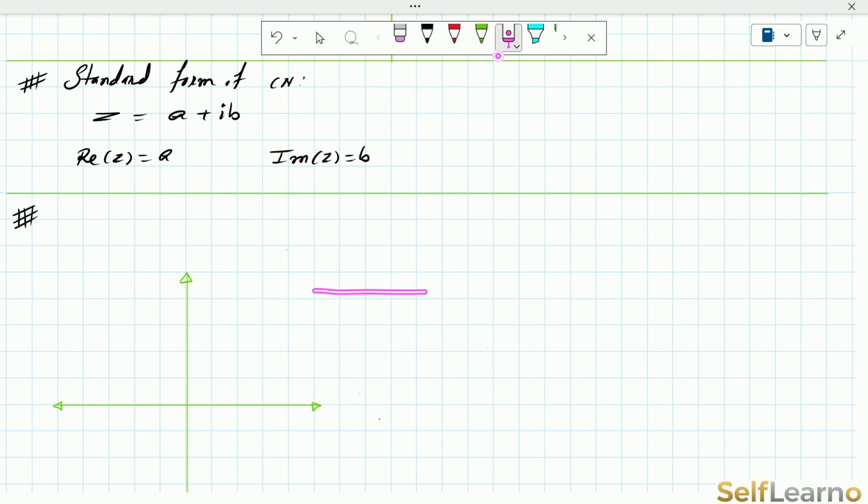So a single straight line is not good enough to mention a complex number. So that is why we use a plane like this. And this diagram is called Argand diagram. Argand, let me write clear. Argand diagram.